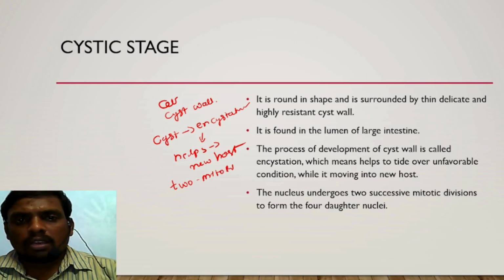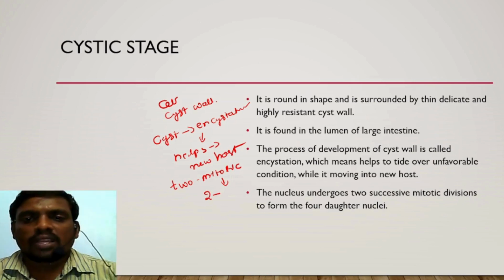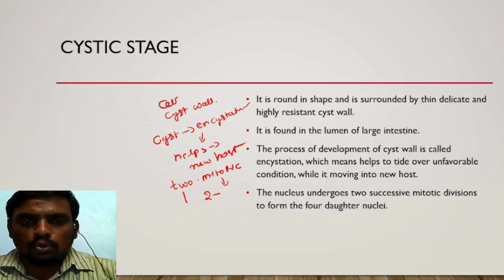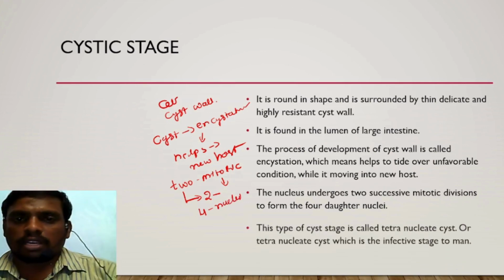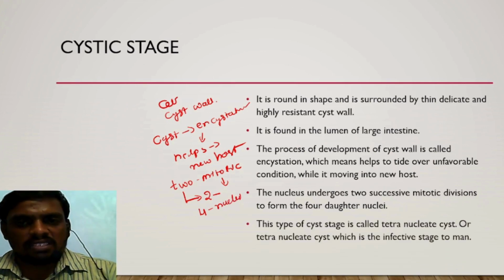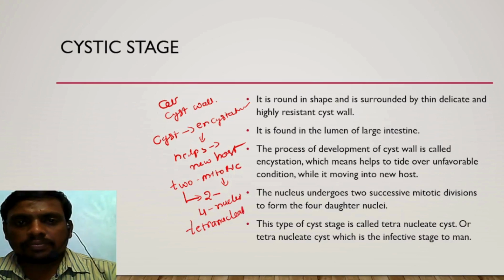Two mitotic cell divisions lead to the formation of four daughter nuclei. This type of cystic stage is called a tetranucleate cyst, tetra meaning four.